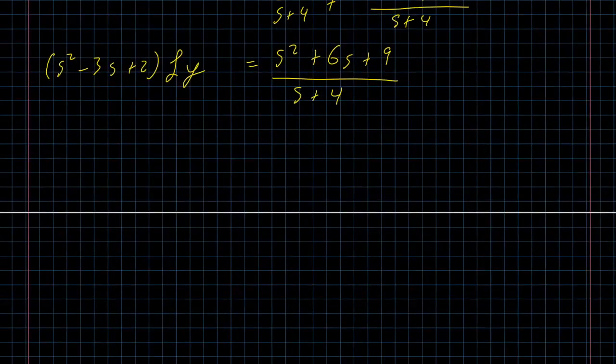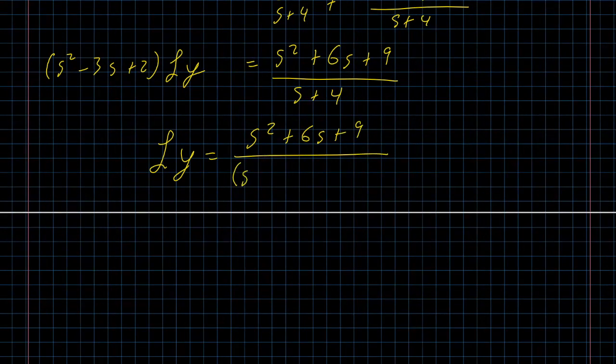I can get the Laplace transform of y by itself by dividing both sides of the equation by that polynomial. So it's s squared plus 6s plus 9, all over s squared minus 3s plus 2 times s plus 4.